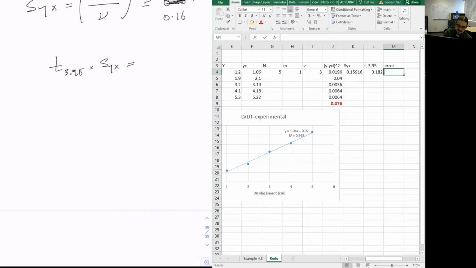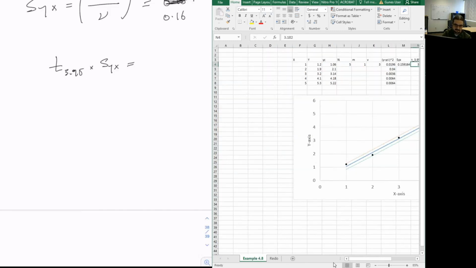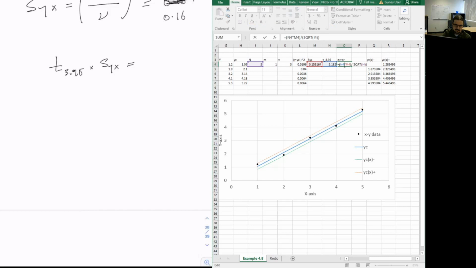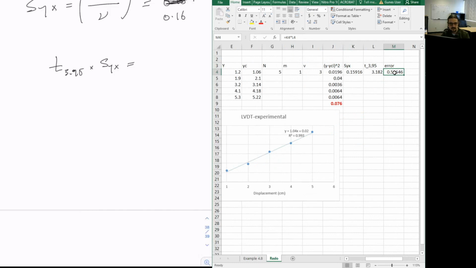In that case, I'll just be doing this times that. There you go. This is my error. Times that, and also this is going to have to be divided by something.